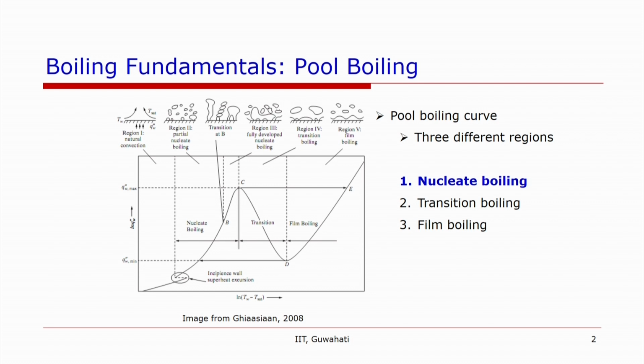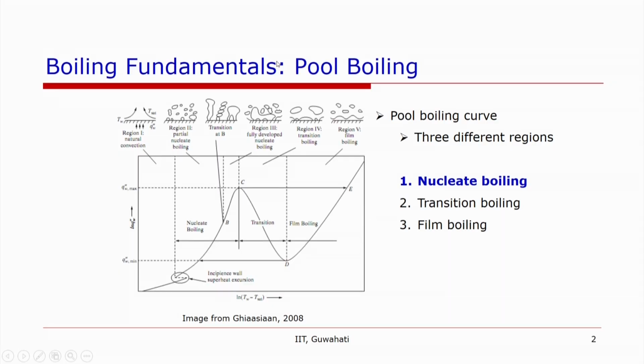A general example is boiling in a kettle or boiling in a pan that we do every day in our kitchens. At the other end we have forced convective boiling, which is boiling of liquid flowing in a heated channel.